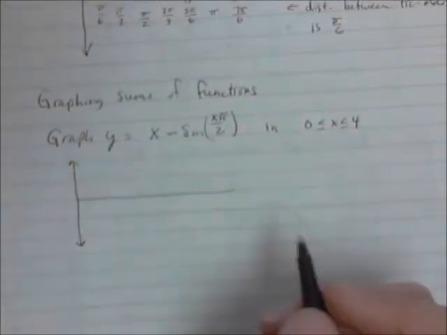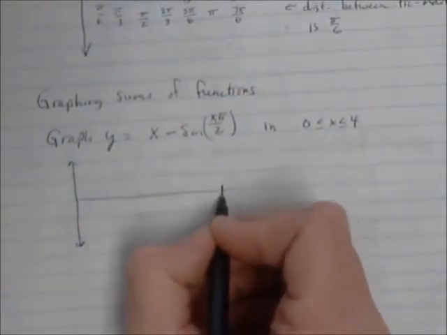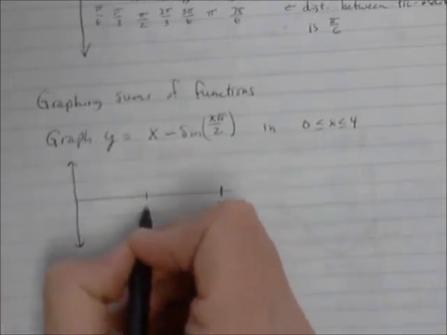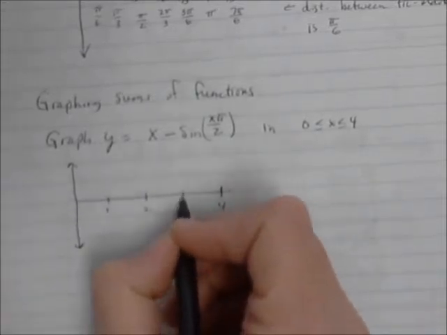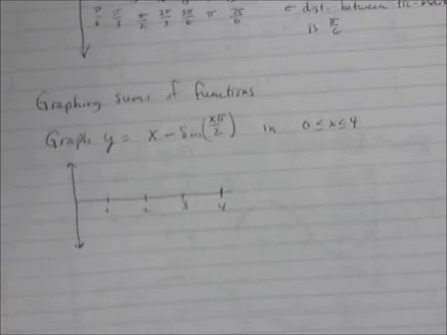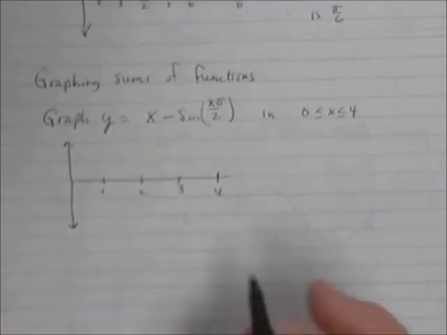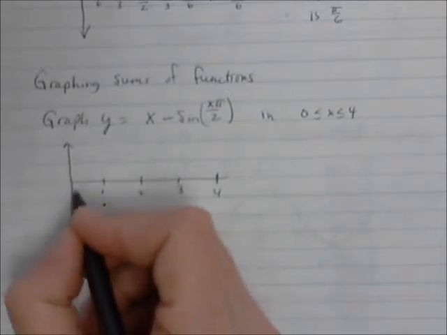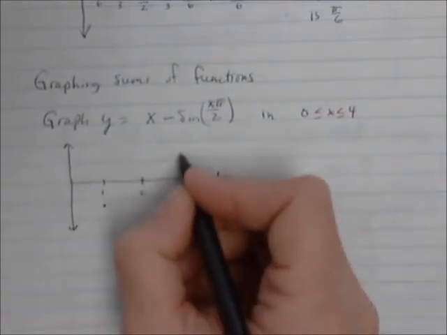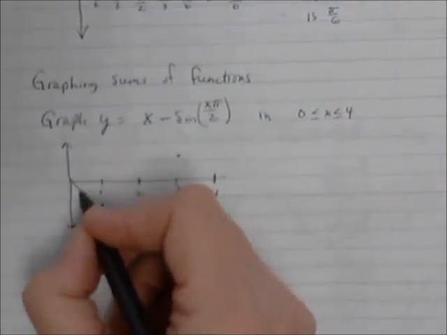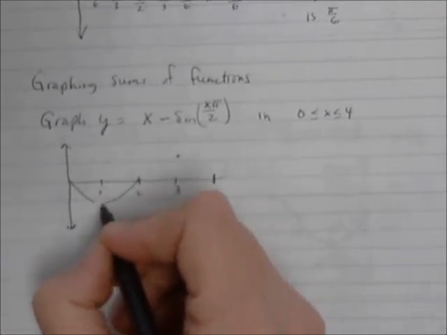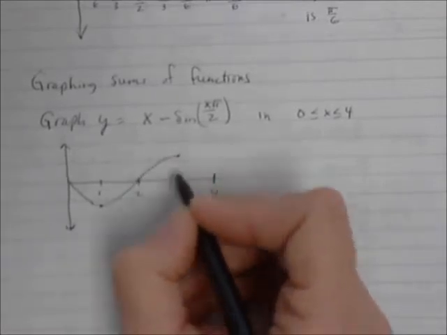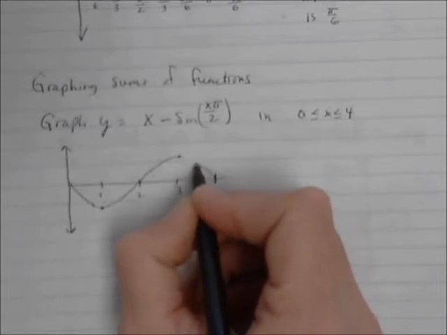So what we would do is go between 0 and 4, cut it in half, cut it in half. So there are the important x values, and a negative sign is upside down. So here is our graph of negative sine of x pi over 2.